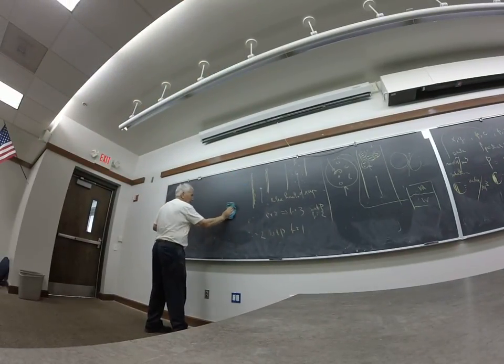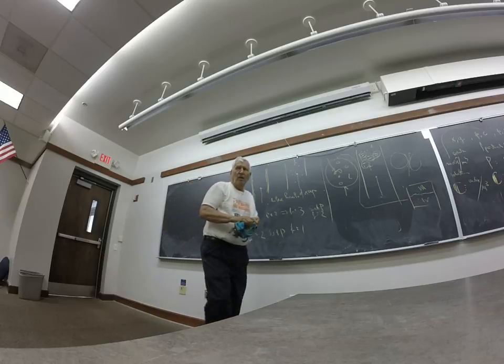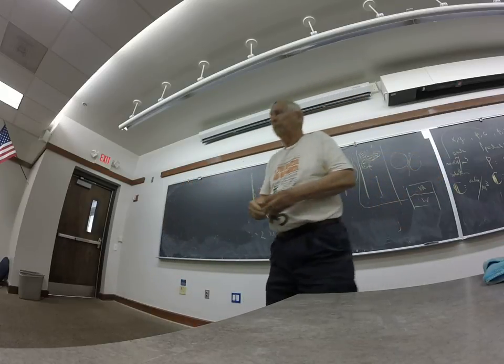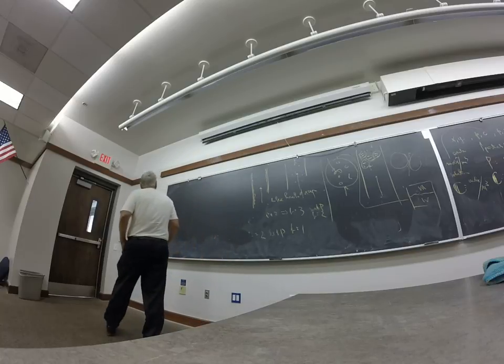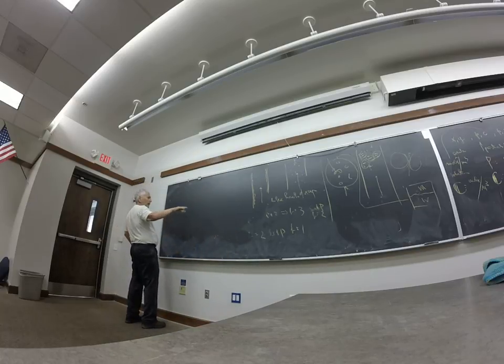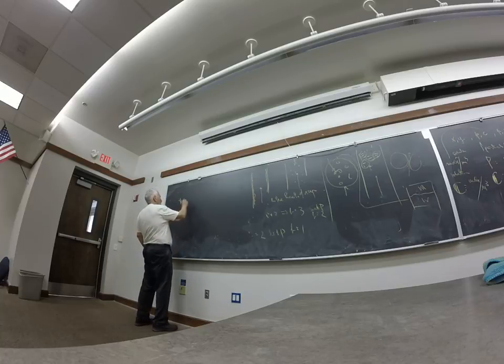I will say that if I want to calculate the rate of mass transfer there, I'll introduce a mass transfer coefficient ky. And I will write this as yi minus y. We'll get to what this is in a minute.